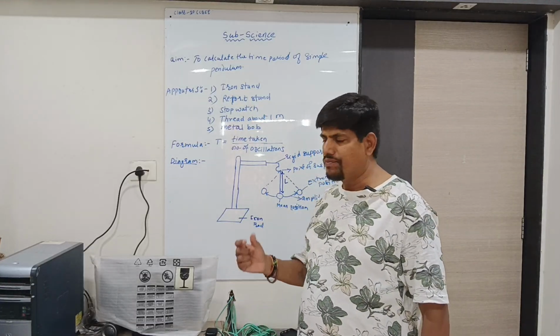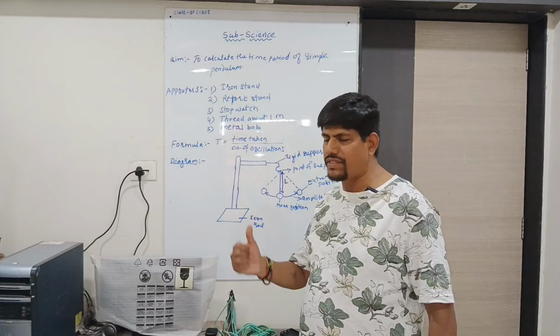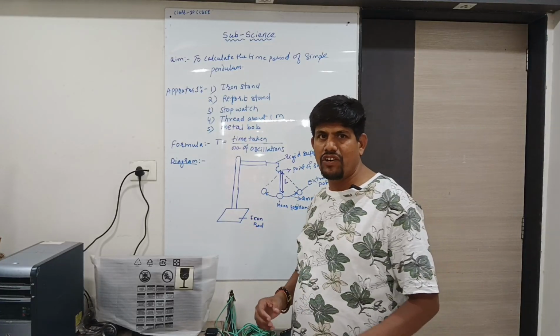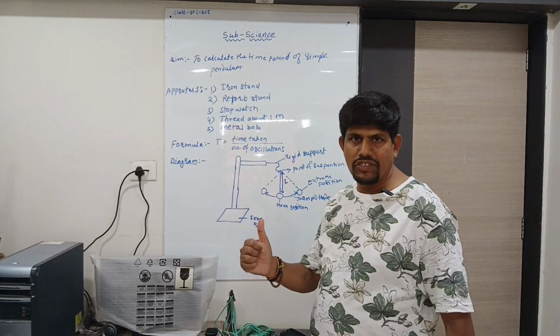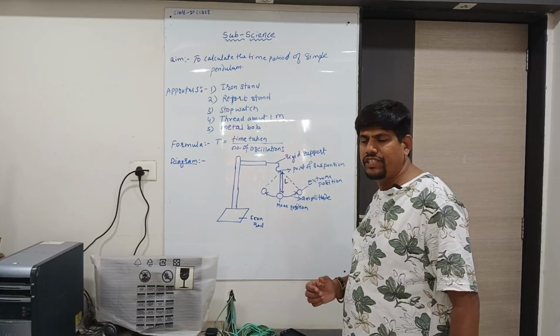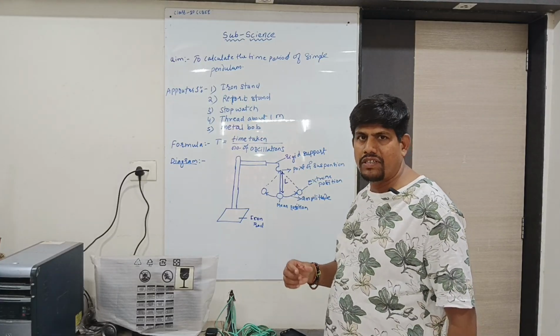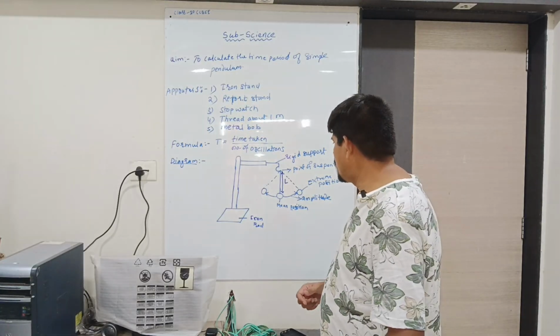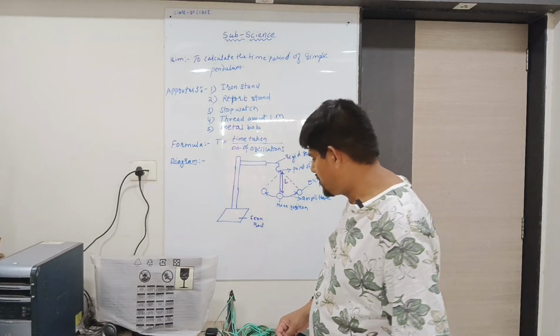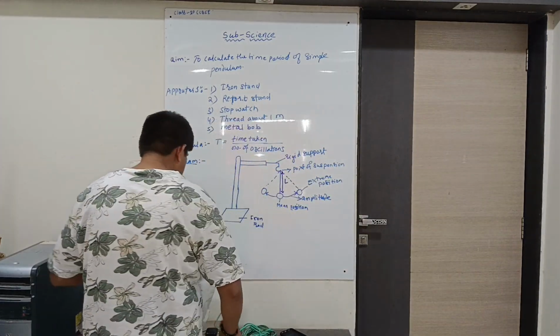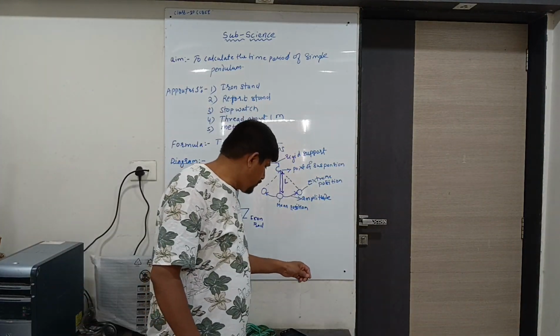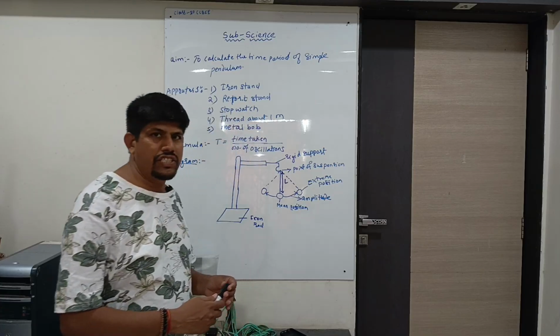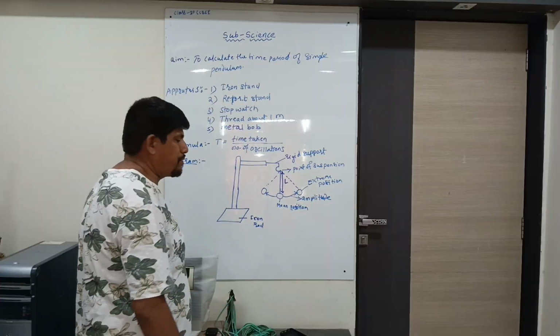You have to start the stopwatch, and after completing the 20 oscillations, stop the stopwatch and observe the time taken by the pendulum for the 20 oscillations. We have a tabular observation during the experiment.